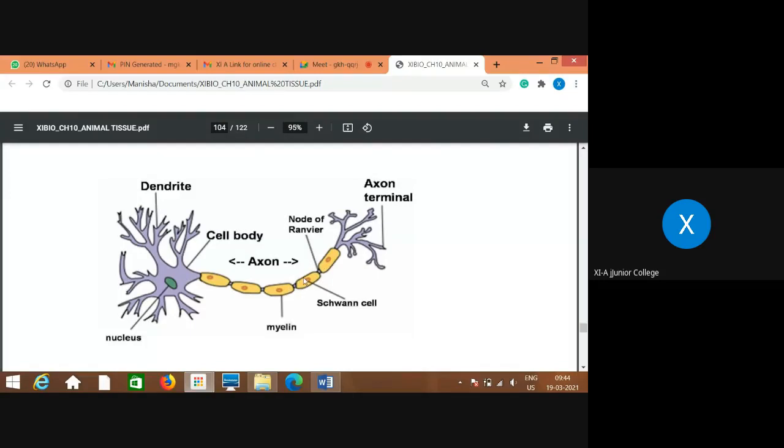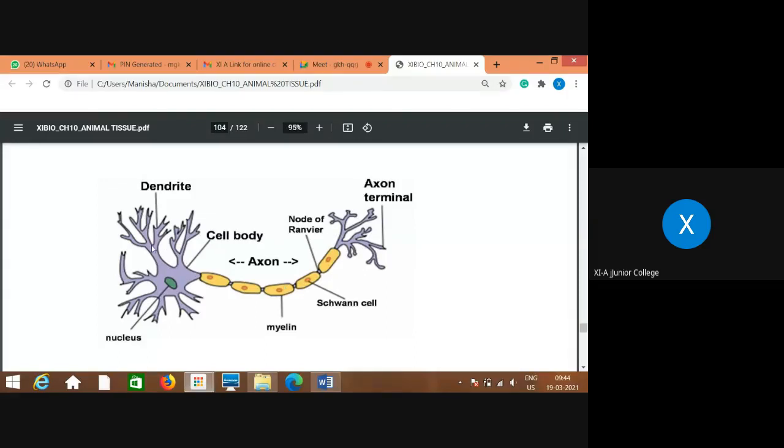Sometimes it can be branched. Only one branch can be seen. So this axon is an elongated, single, generally unbranched structure, and that ends into smaller branch-like structures called telodendron. Now see, this is the dendron.